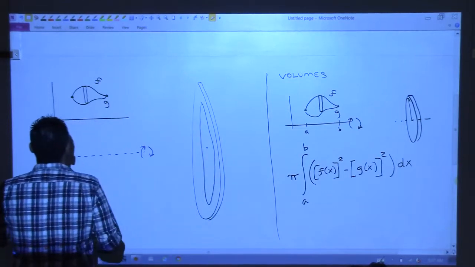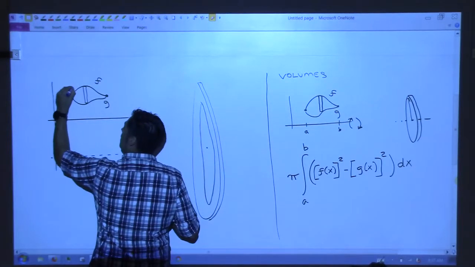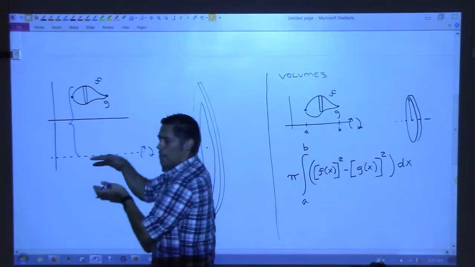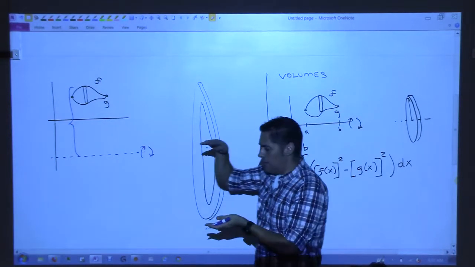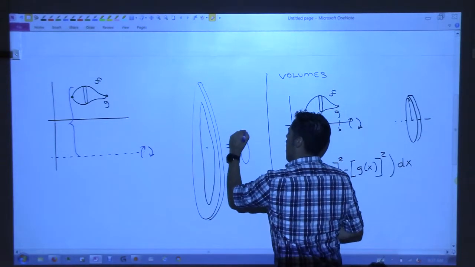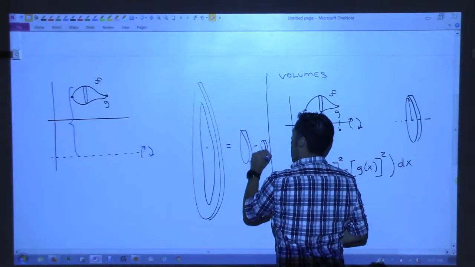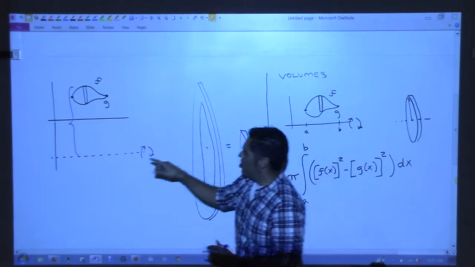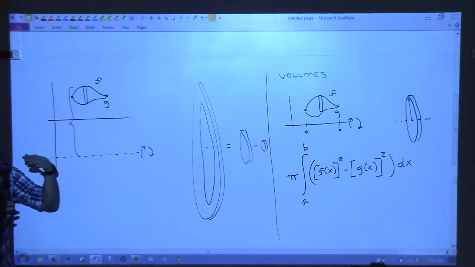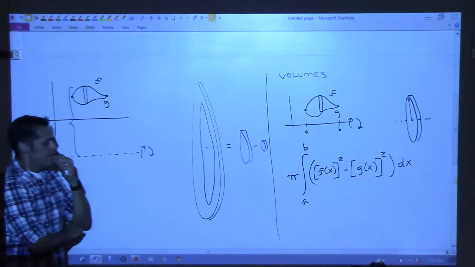What we're going to be interested in is knowing what the distance is from here to here. That's the radius of the big one minus the little one. So this distance from here to here is the radius of the bigger one, and what should we call that?